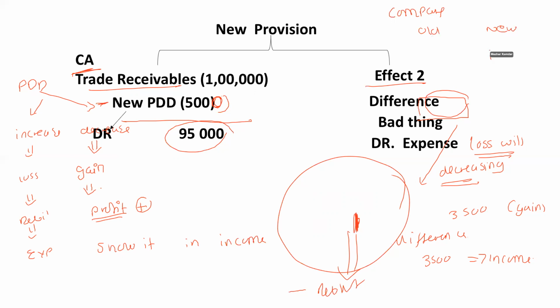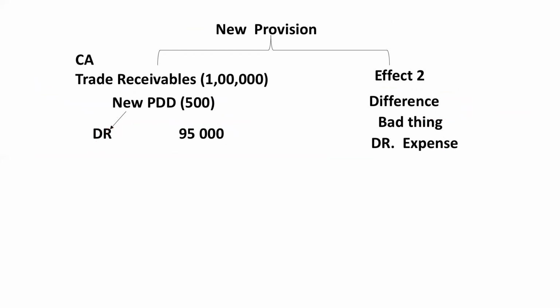If you are increasing the provision, that means it is a bad thing. You will show as an expense only the difference. And if you're decreasing the provision, that means it is a good thing. You will show as an income only the difference. Okay? So increasing or decreasing will show you whether you have to show it as an income or as an expense. When we do the sum, you will have more clarity on this.